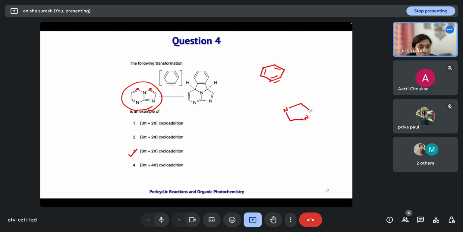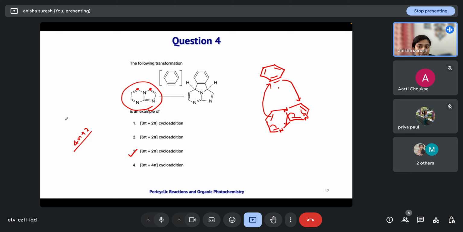One, two, three, four, five. Okay, so the reaction will be like this. Fine. And since it is an 8 pi 2 pi cycloaddition, it is 4n plus 2.